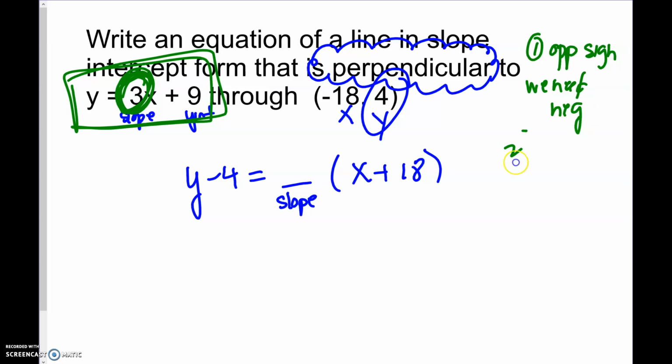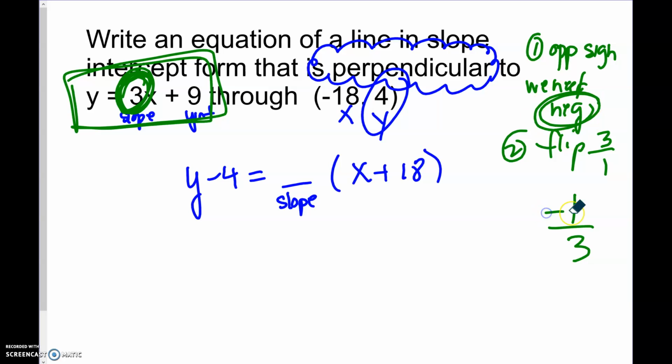And then the second thing we need to do is flip it. If this is a 3, what do we write underneath it to help? 3 over 1. So when we flip it, it becomes 1 over 3, and remember, we need it to be negative. So our slope is going to be -1/3.